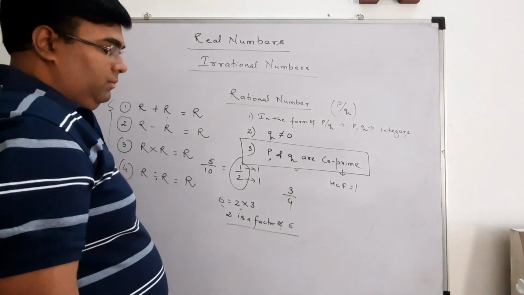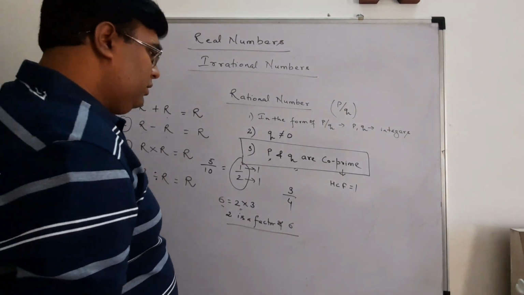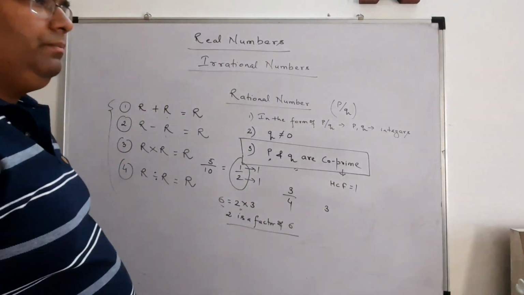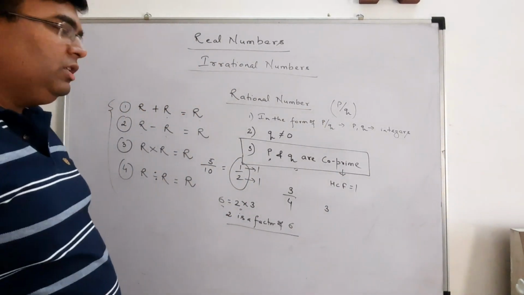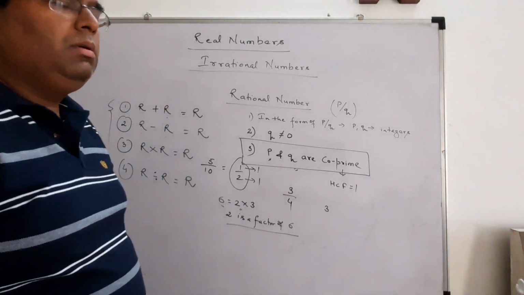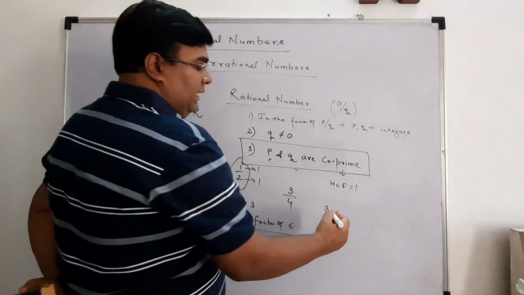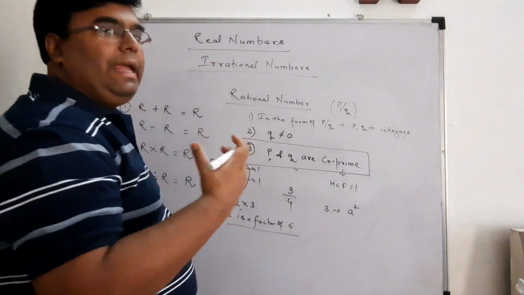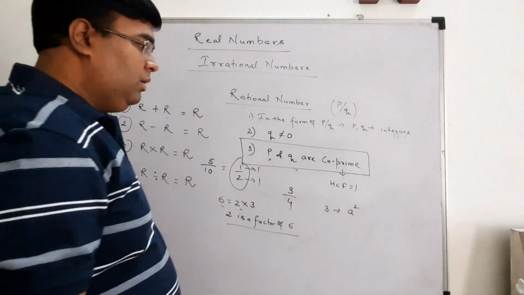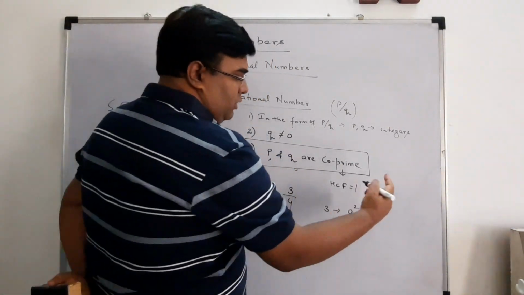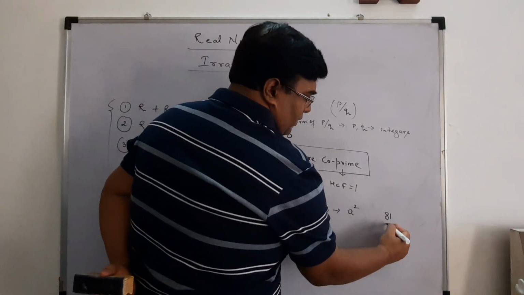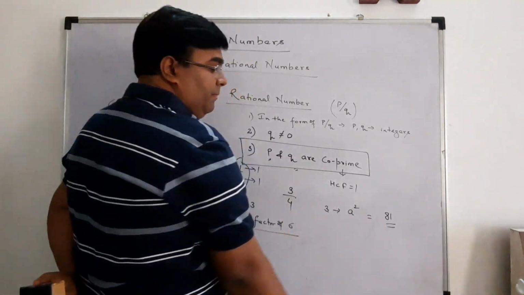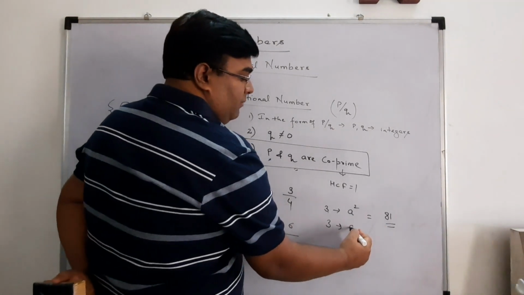Okay, another thing is, suppose there is a prime number, say 3. We already know what is a prime number and what is a composite number. If this prime number 3 can divide some number in the form of a square, let's take 9 squared, which is 81, then 3 can also divide a.